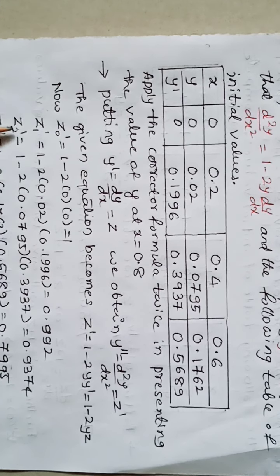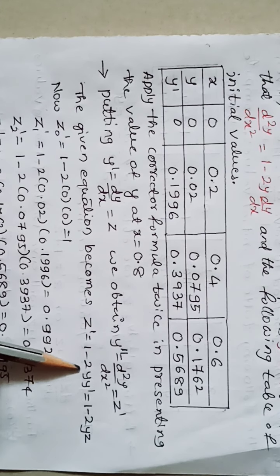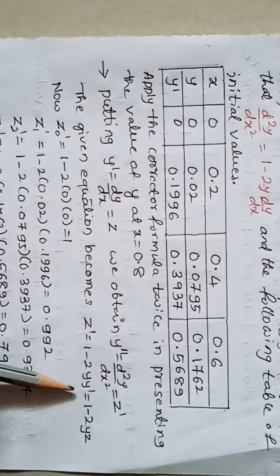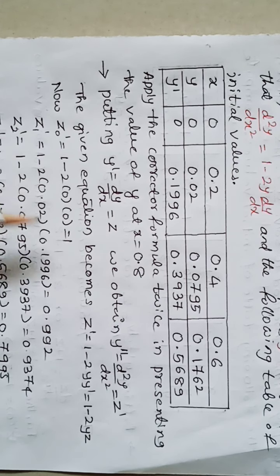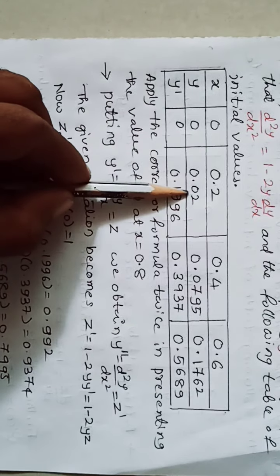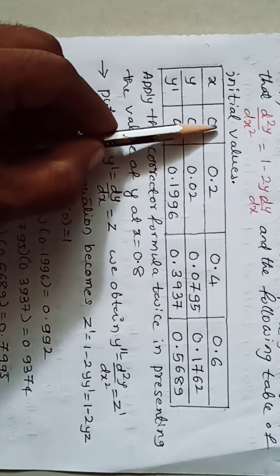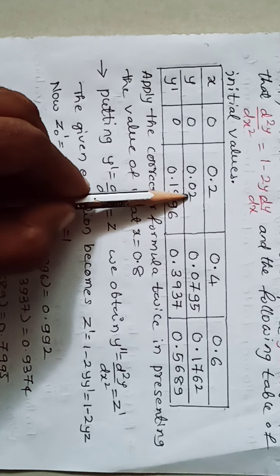So next z1 dash is equal to 1 minus 2 y1 z1.